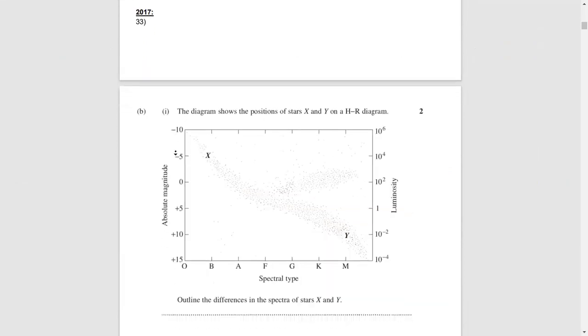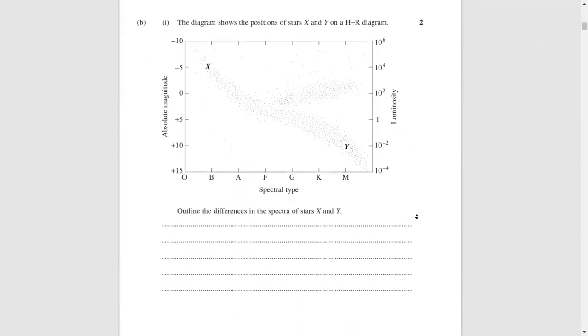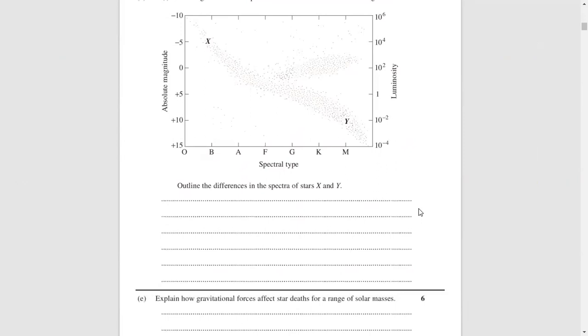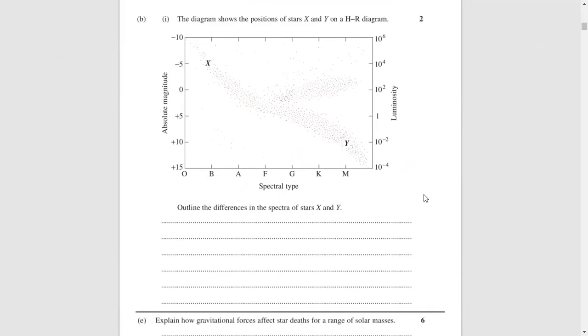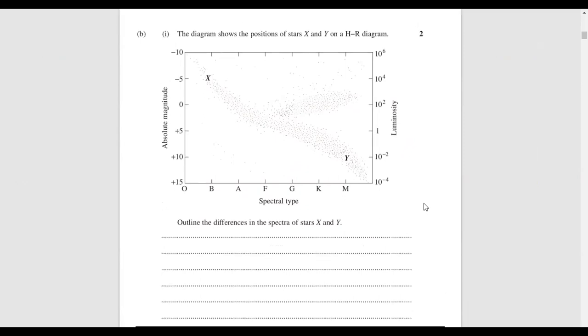Okay, so again, back to stars with the HR diagram, absolute magnitude, spectral type. Outline the differences in the spectra of stars between X and Y. Well, you'll notice that both X and Y are on the main sequence part, right?